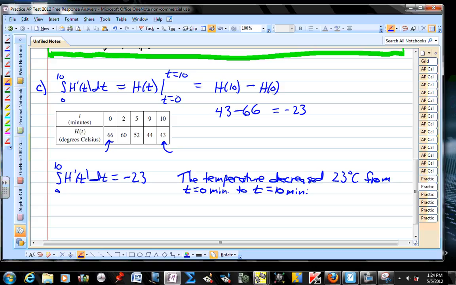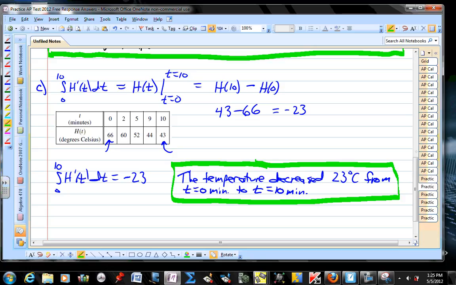You could say the temperature changed negative 23 degrees Celsius. That's okay. You want to be careful, though, because if you say the temperature decreased negative 23 degrees, that's a double negative, and what you're saying is not what you intended to say.